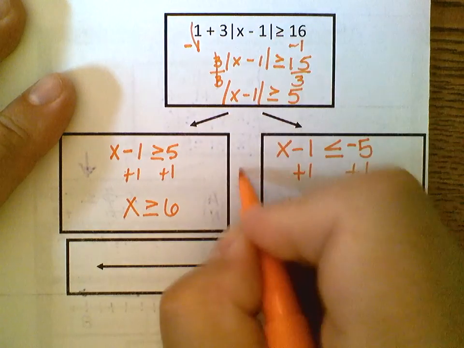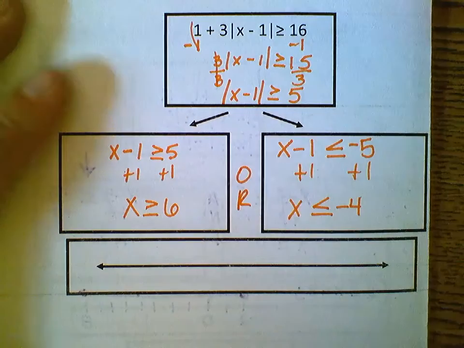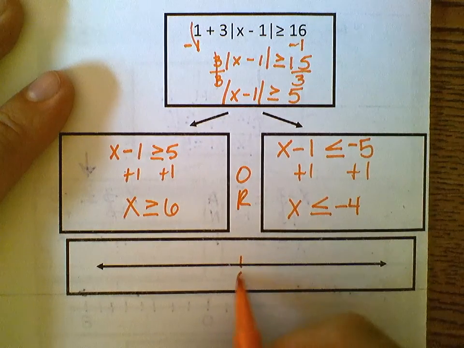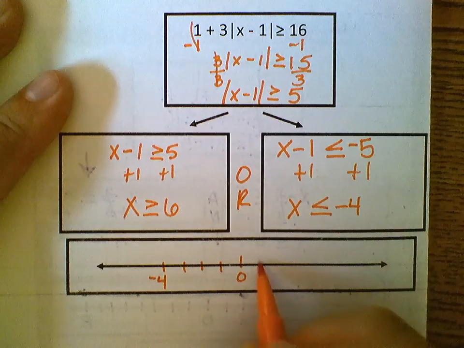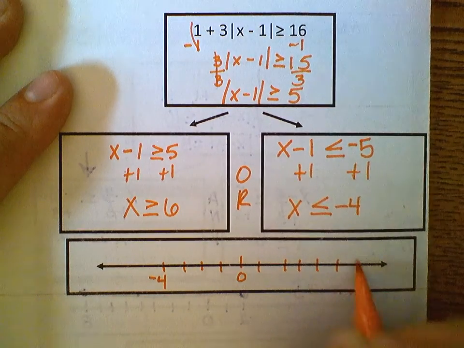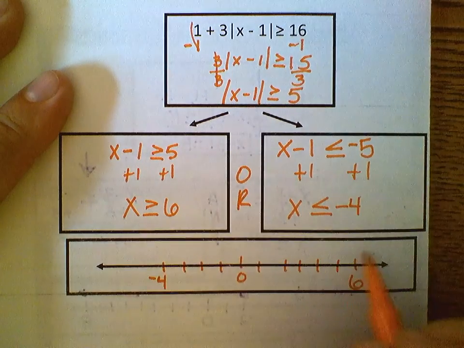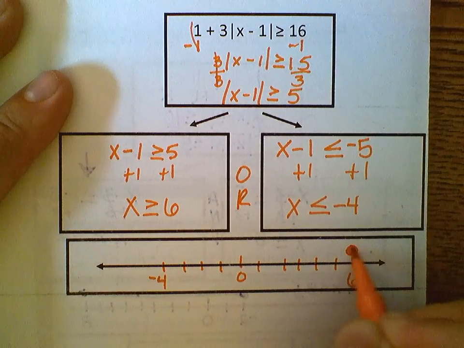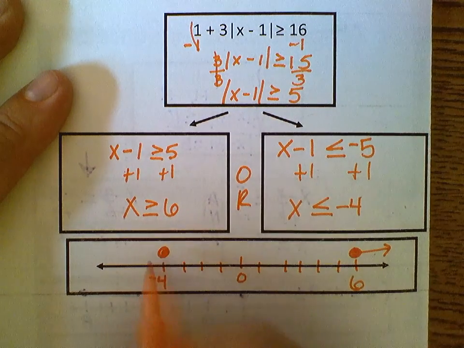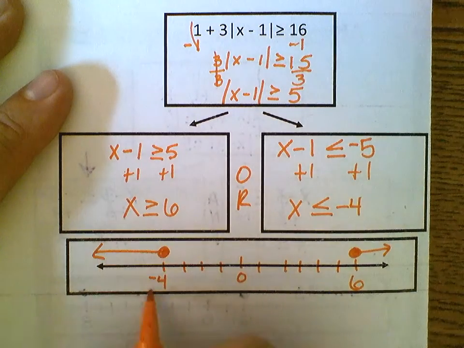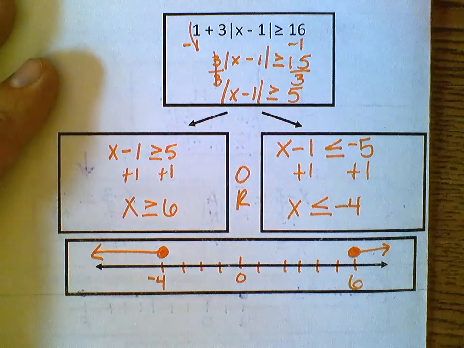And because it's greater than or equal to, I know this is an OR inequality. So 1, 2, 3, -4. 1, 2, 3, 4, 5, 6. X is greater than or equal to 6 is a closed circle to the right. X is less than or equal to -4 is a closed circle. Less than is that way.